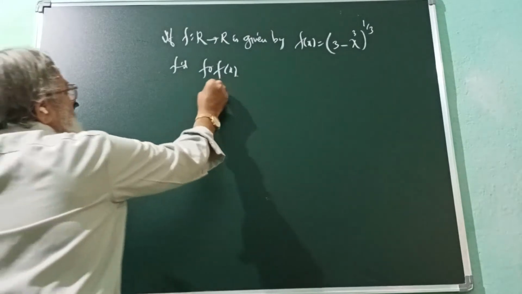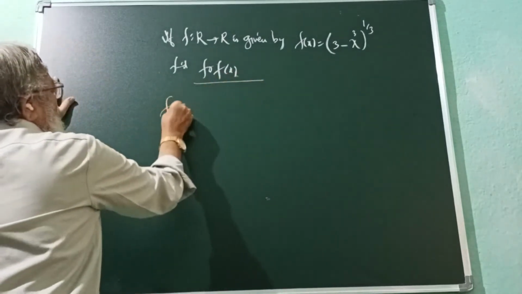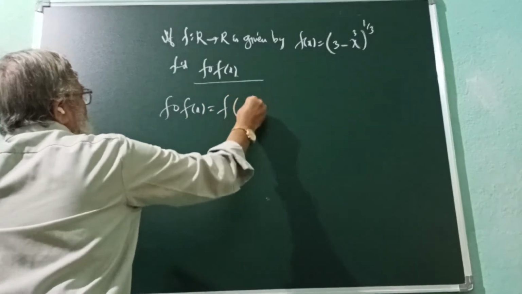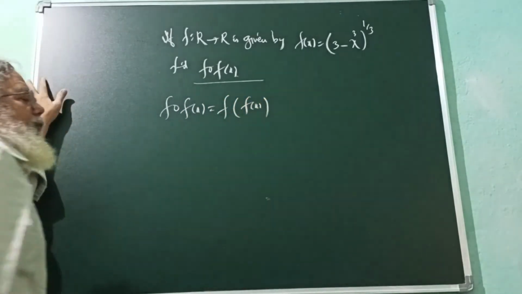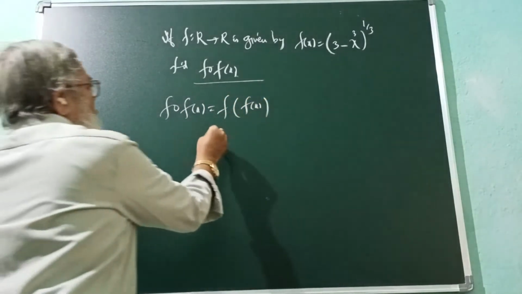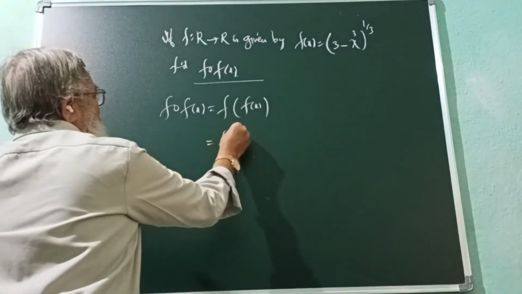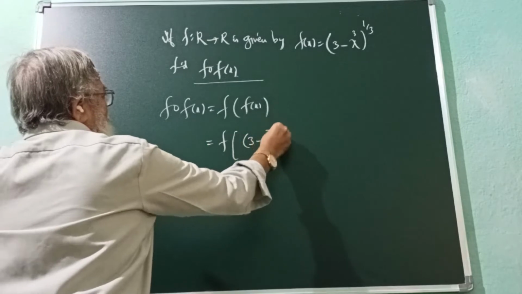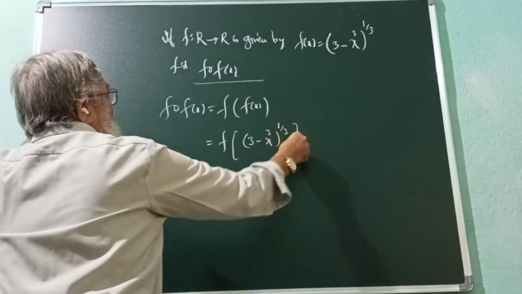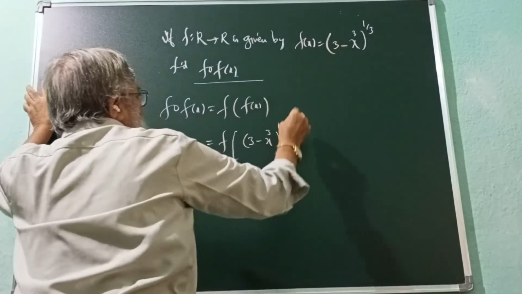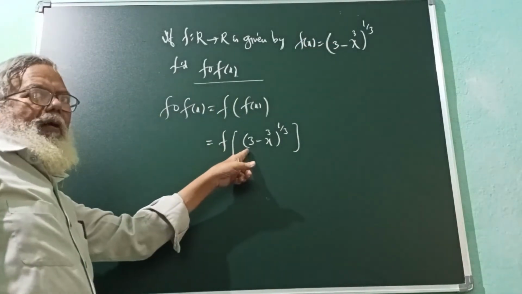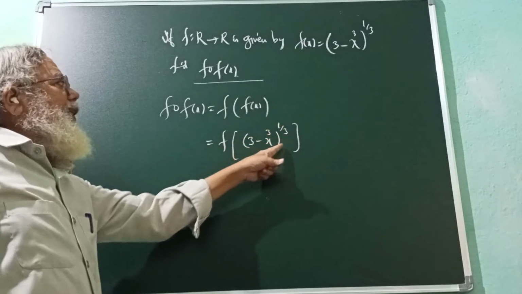Now see here, f composition f of x we have to find out. By the definition, it is f of f of x. F of x is given by 3 minus x cube raised to 1 by 3. Now to again apply f on this, we should treat this entire quantity as x.